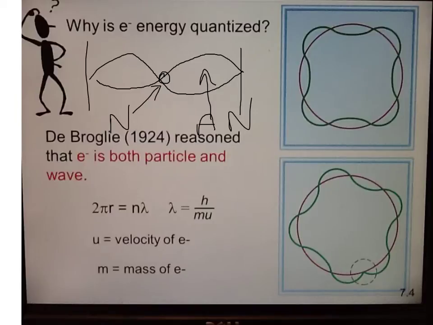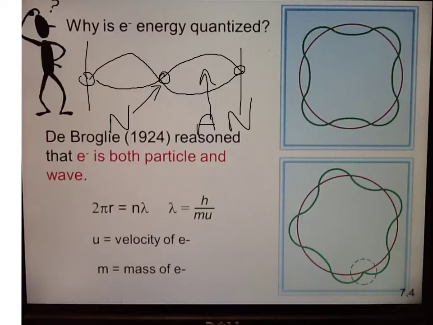A node is an area of zero vibration, and an antinode is an area of maximum vibration. There should be a node here at the end and another node at the other end, and we have the antinodes, which are areas of maximum vibration.